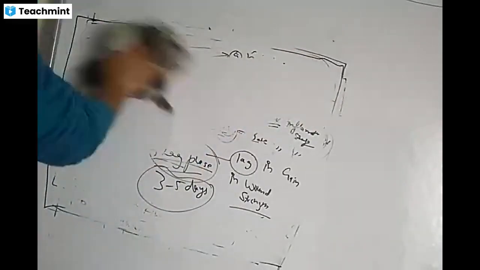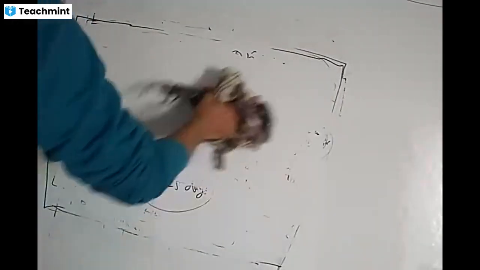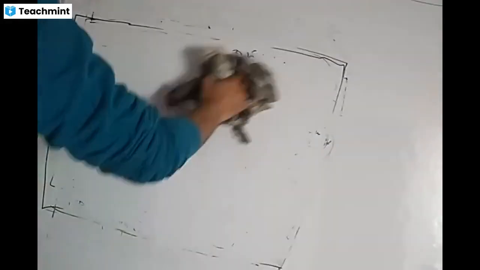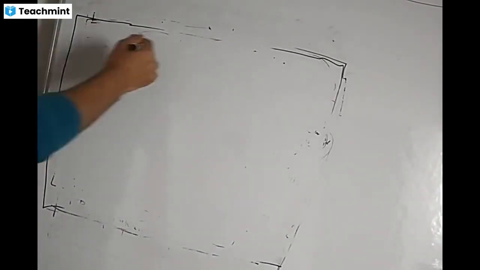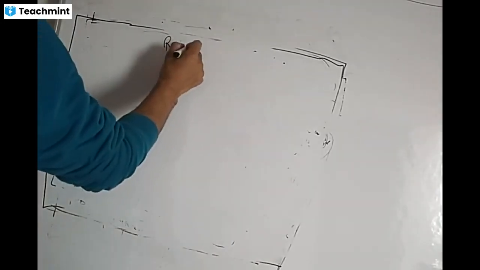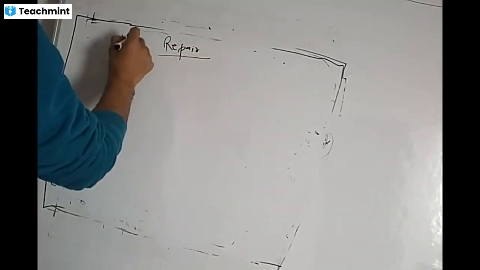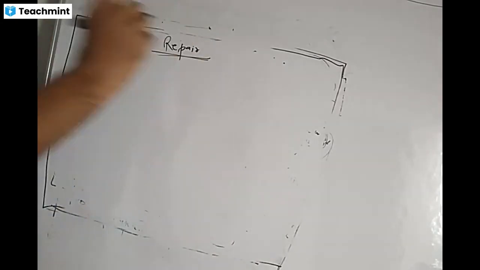So lag phase is constituted by the inflammation and debridement, and this is the duration of 3 to 5 days. Now the real phase will start. Third, that is the repair phase.